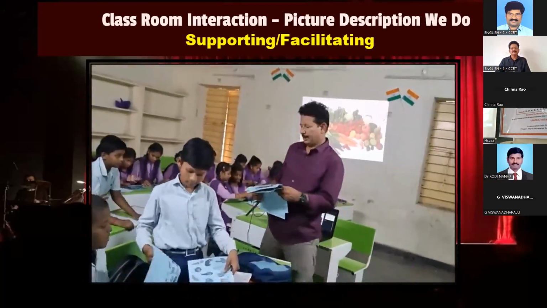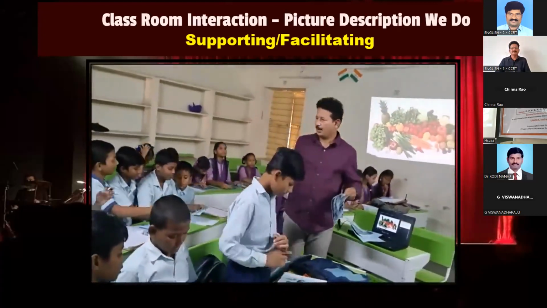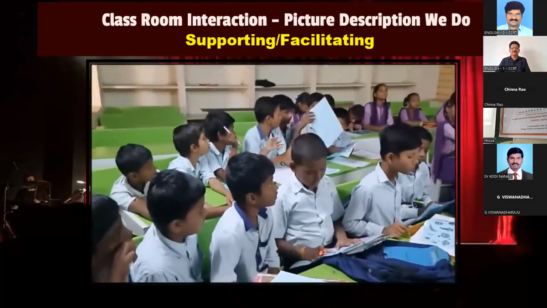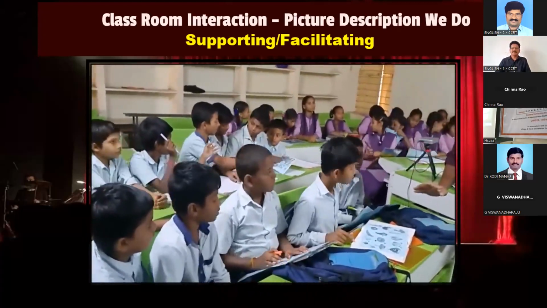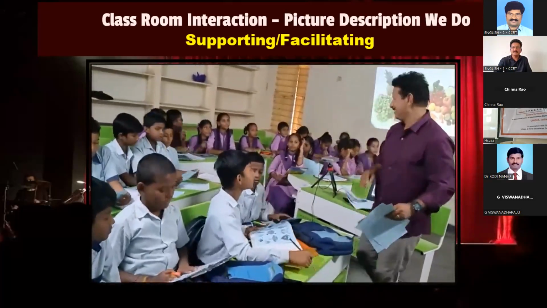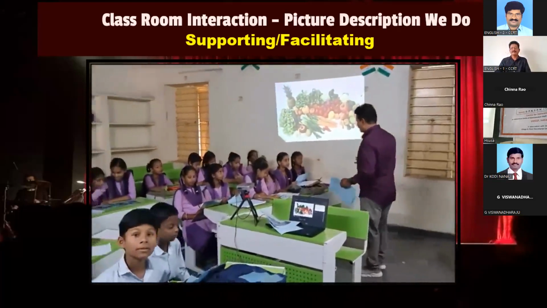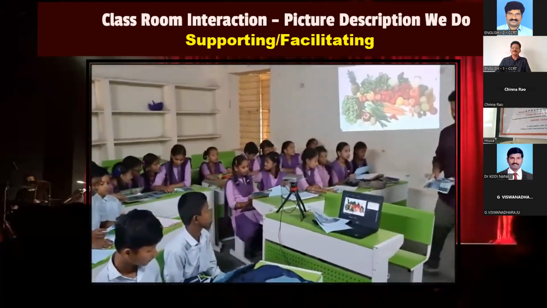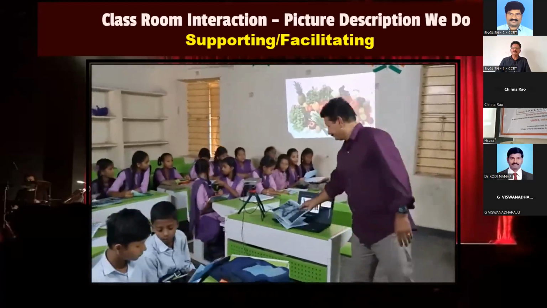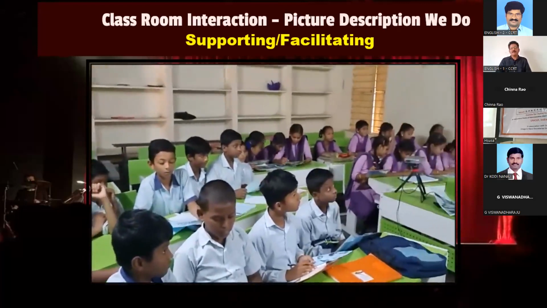Okay. And this is for your group. Okay, now start. Look at the picture and ask questions to your friend. Okay? Right. Are you ready now? Yes. Okay, come on, start doing.